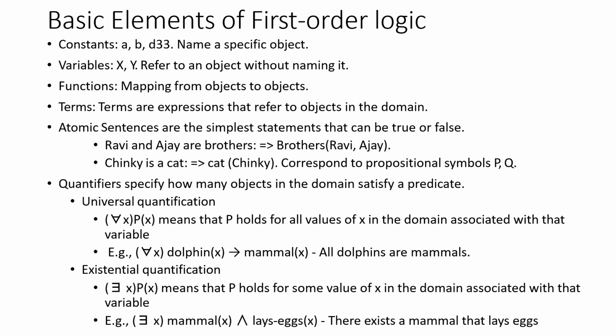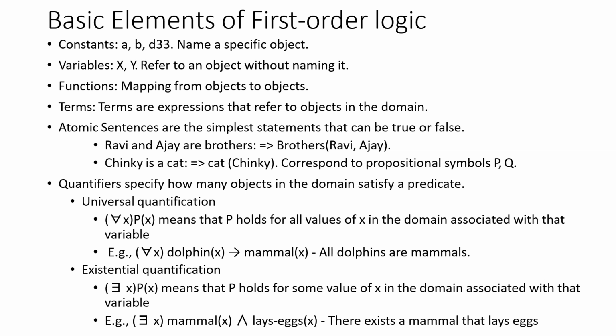We have already said father of X, age of person are functions. Then the fourth element is terms. Terms are expressions that refer to objects in the domain. It can be a constant, a variable, or a function applied to arguments. For example, Ravi, X, father of Ravi, all these are terms.